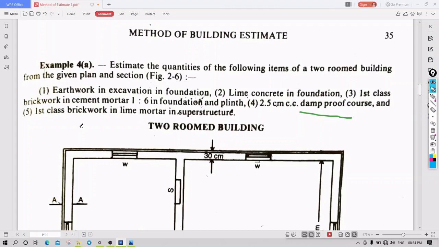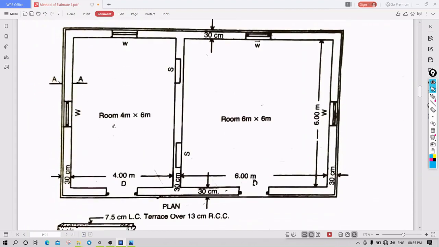So they have asked for five items of work, and we need to give the quantities required for these five items. In this type of estimation problem, common sense works a lot. With that common sense, we need to take some assumptions also, because sometimes every data will not be there. On a general basis, we have to consider some things which may come in further classes. So let us see the diagram first.